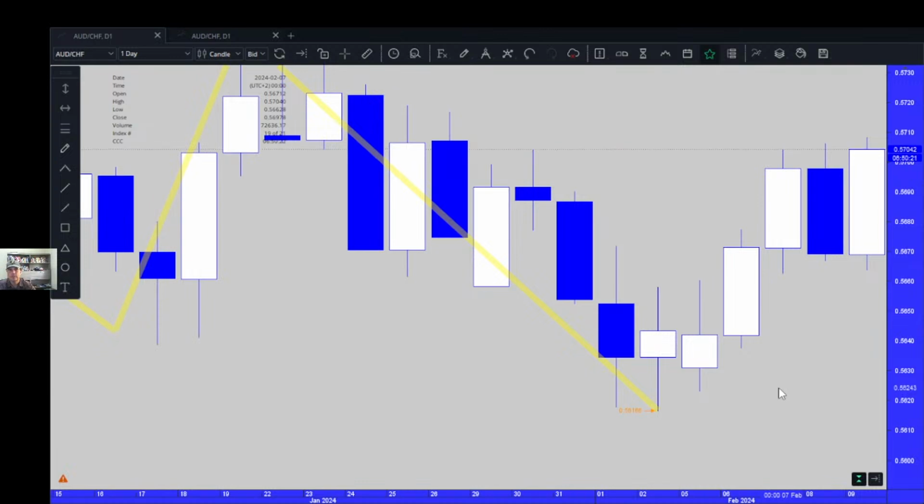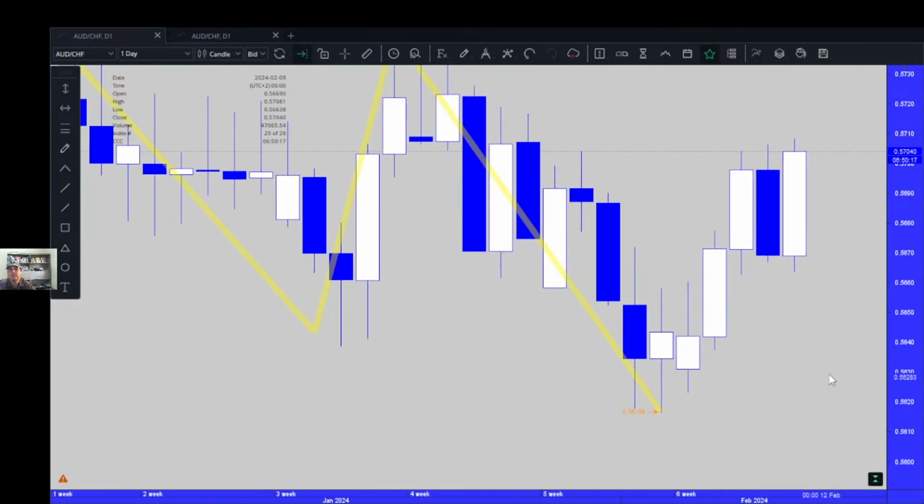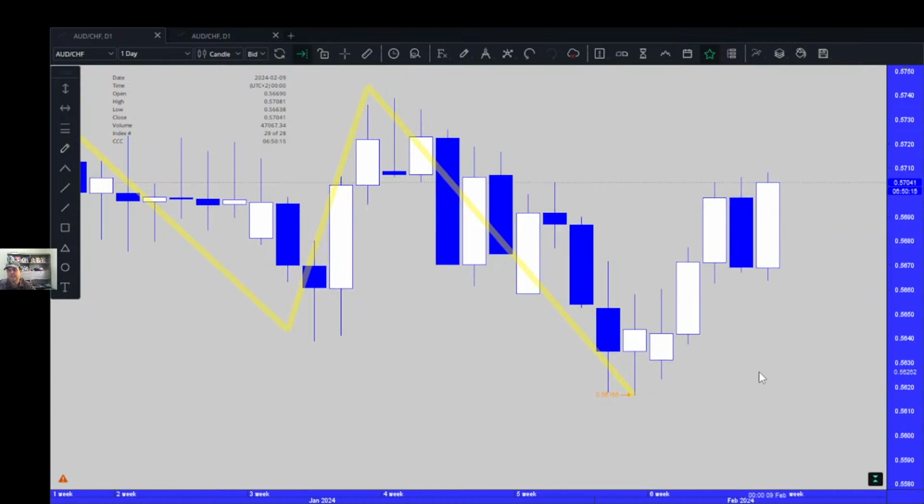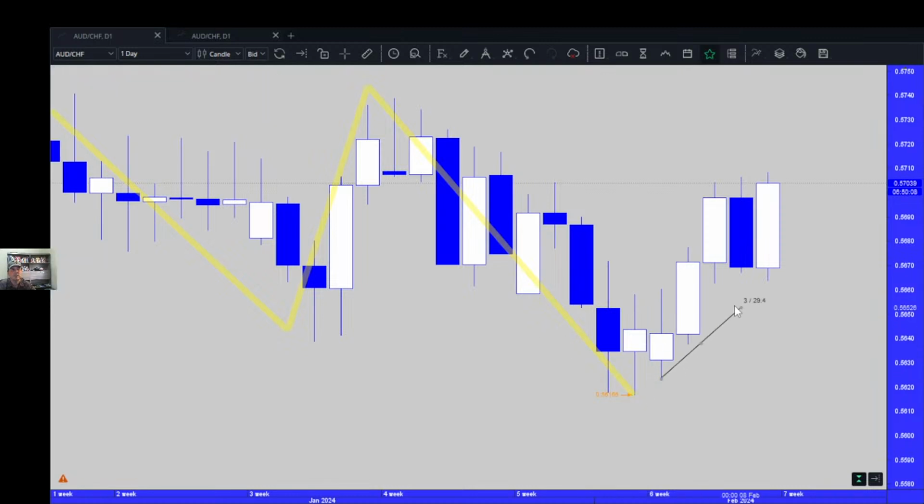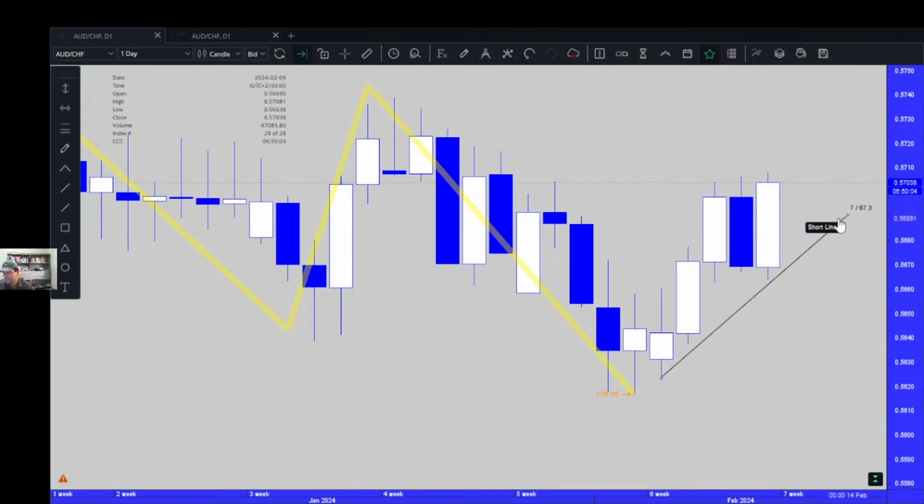Broto says short. No! How can you make money being short this week? Broto, look at the candles. Monday, Tuesday, Wednesday, Thursday, Friday. The pair is trending down.